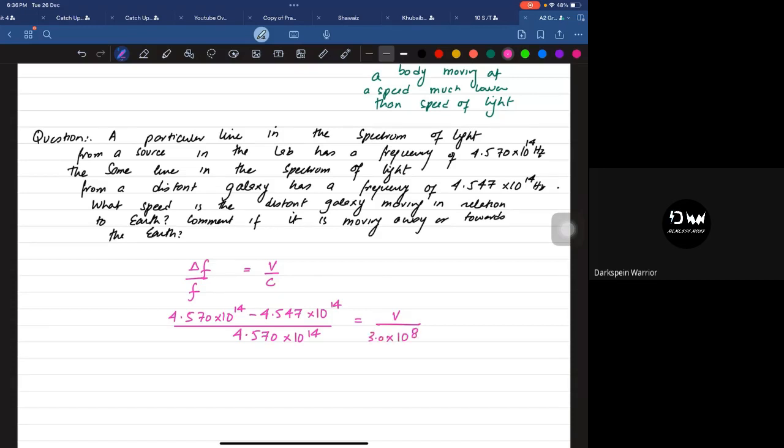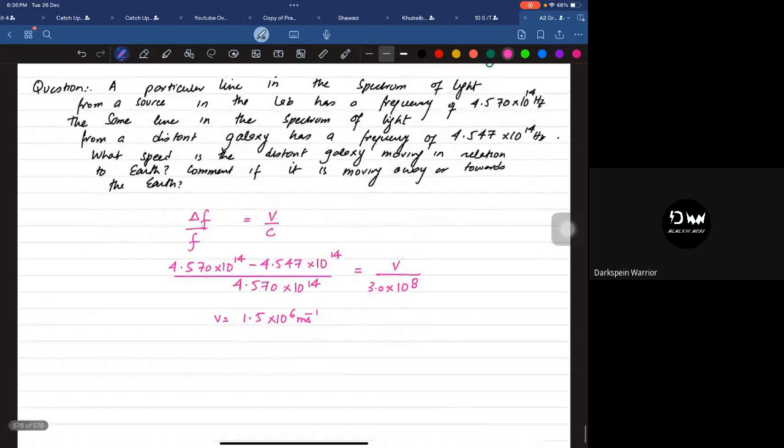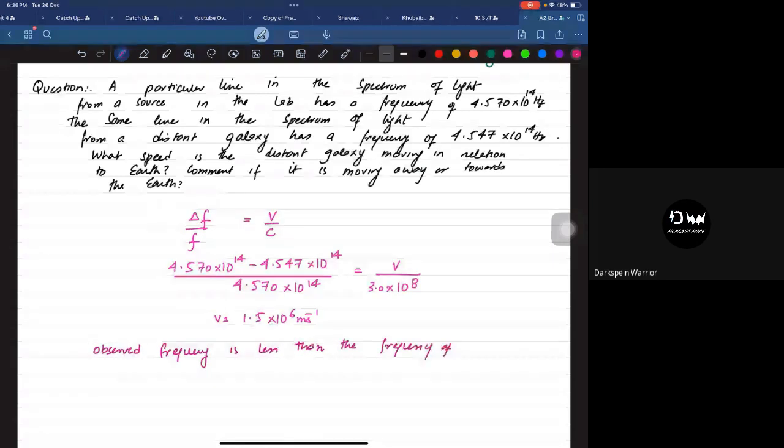You should be getting 1.5 × 10^6 meters per second recession. And we would be writing that obviously the observed frequency is less than the frequency of source.